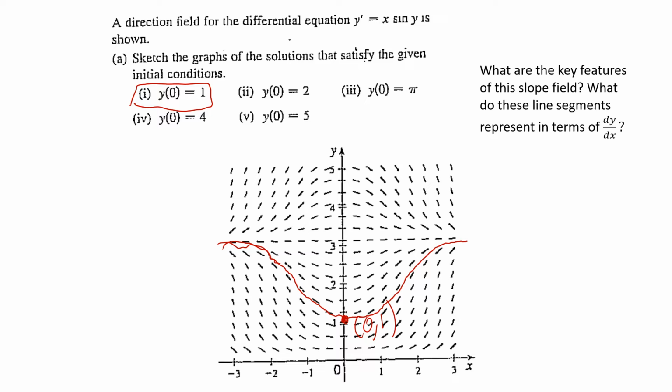Let's go green. Okay, let's have a look at this one. When x is 0, y is equal to 5. So we're starting up here. What does the solution curve look like? So it's going to look quite different.